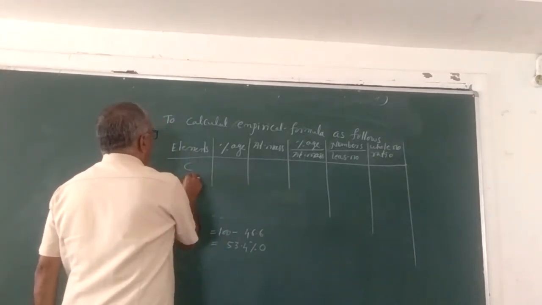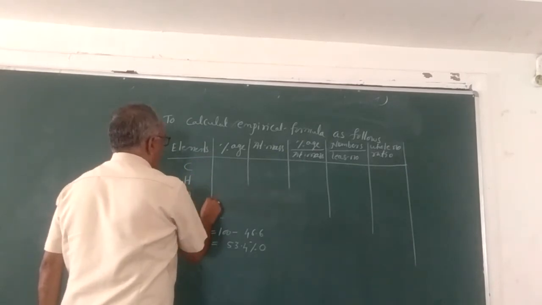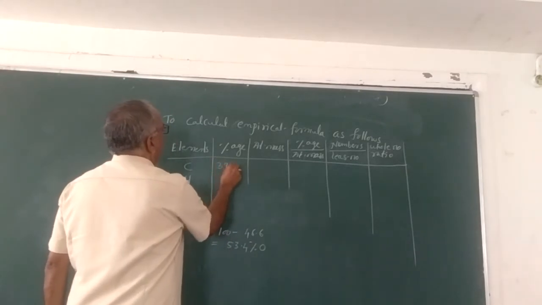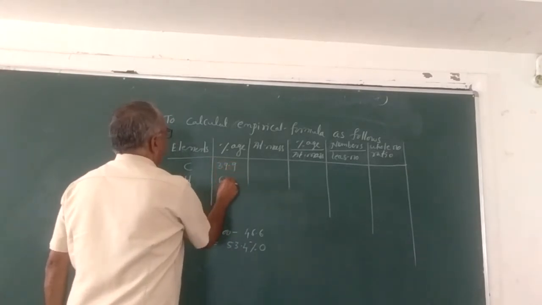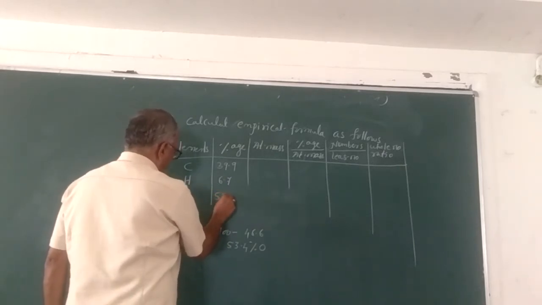Now put the various data. What are the elements? Carbon, hydrogen and oxygen. Percentage of carbon is 39.9, hydrogen 6.7, then oxygen is 53.4.